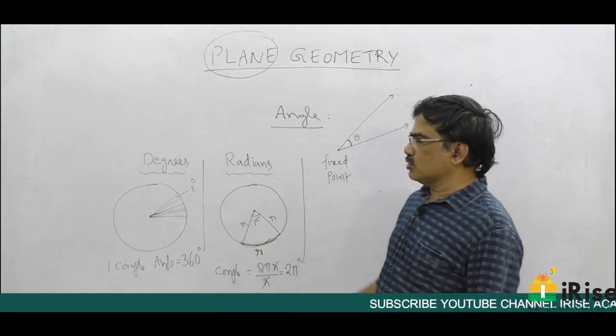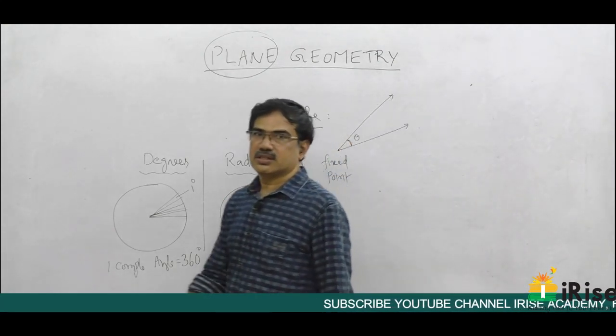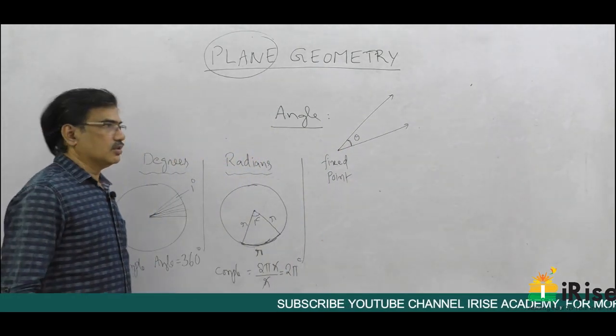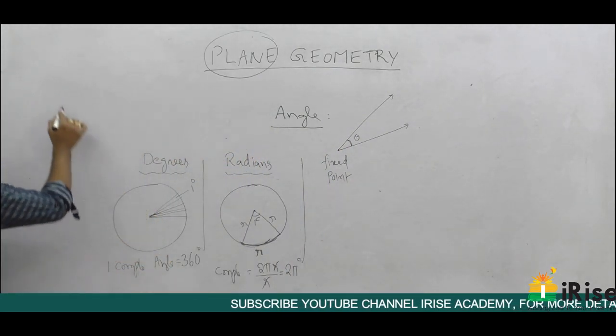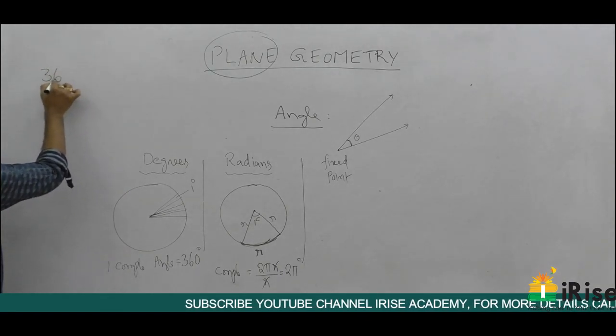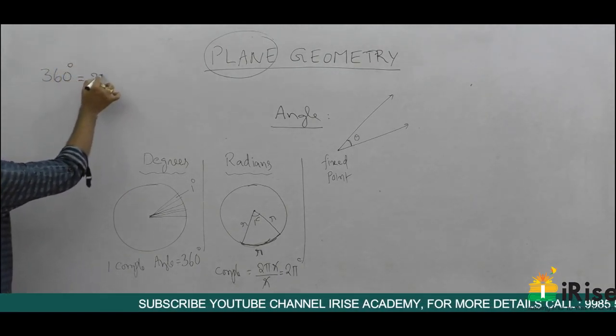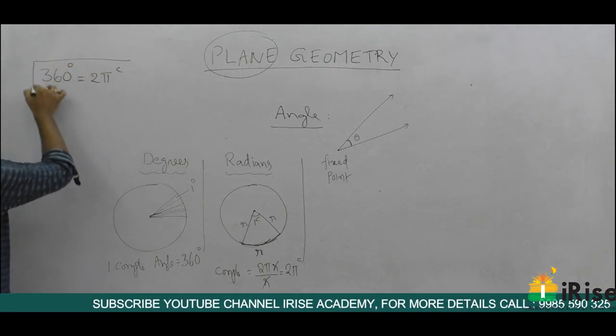Then what is the relation between these two? Here 360 degrees is equal to 2 pi radians.